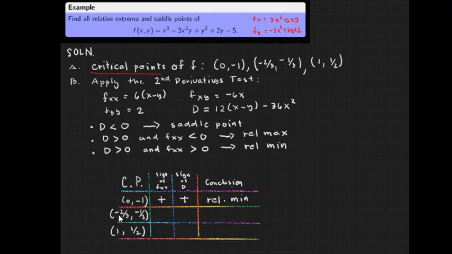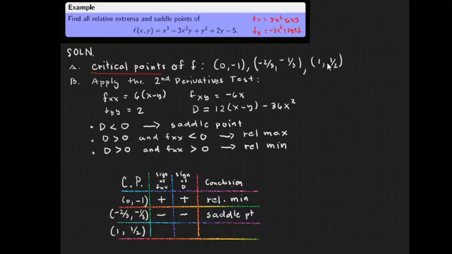At the next critical point, (negative 2/3, negative 1/3), note that fxx is 6 times negative 1/3, so negative. And the discriminant will be 12 times negative 1/3, negative 4, minus a positive number, which is negative. So it's a saddle point.